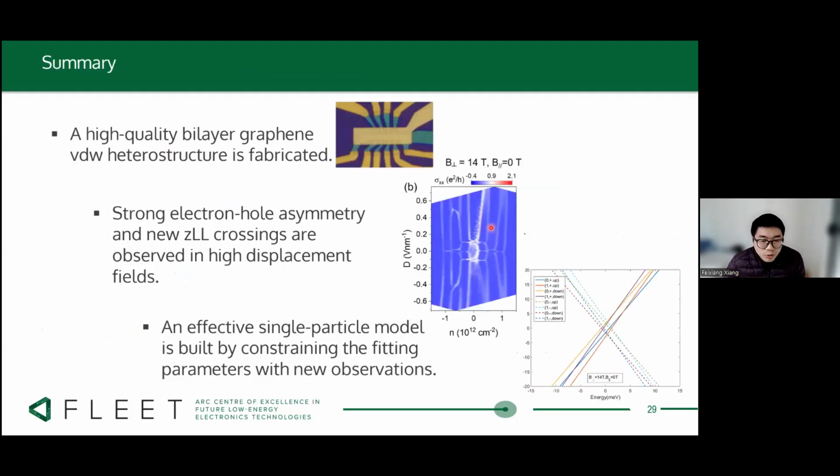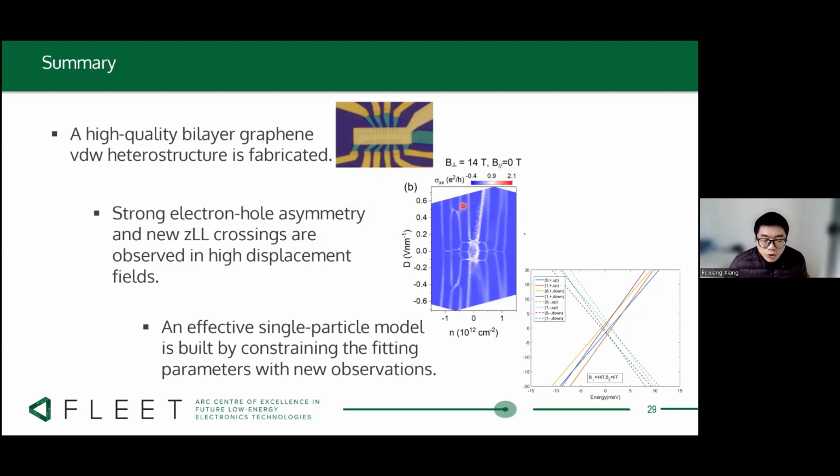So in this work we basically fabricate a high quality bilayer graphene sample, and we are able to extend our measurement of the Landau level spectrum to a high displacement field, where we see strong electron and hole asymmetry and new Landau level crossings.